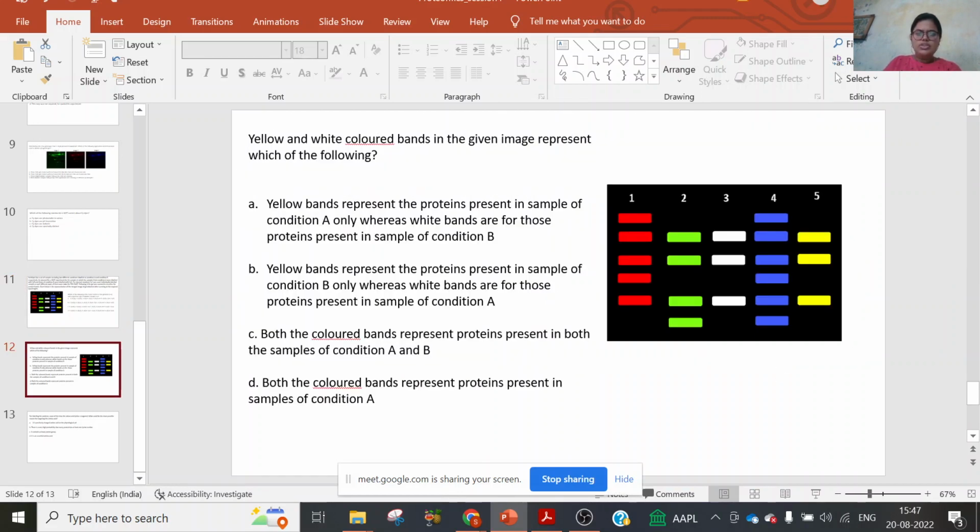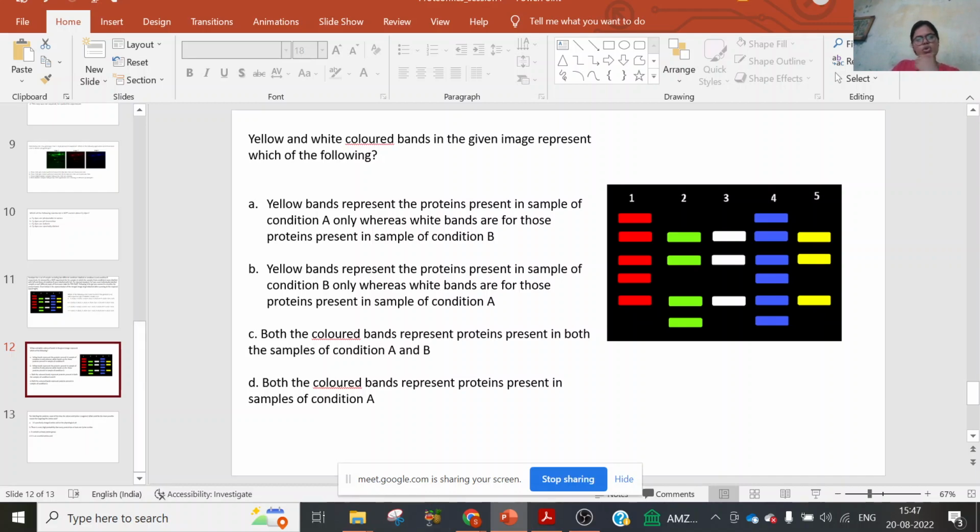So option 1 is incorrect. Coming to option 2, yellow bands represent the proteins present in samples of condition B only. That is not true either, because the yellow band represents a combination of Psi3 and Psi5 dye. So option 2 is also incorrect.